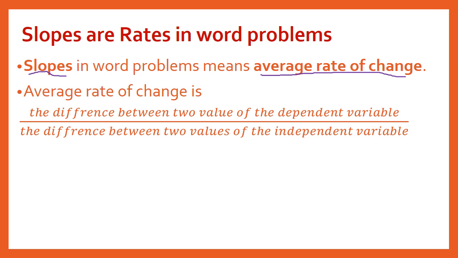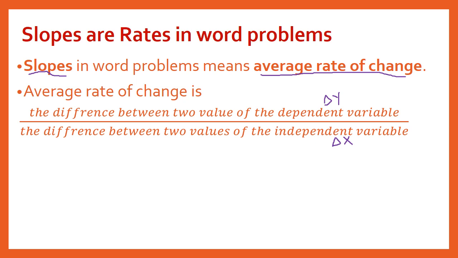And since the slope and the average rate of change are the same, when I say the difference between 2 values of the dependent variable, that means the difference in the y, divided by the difference between 2 values of the independent variable, which means the difference in the x. So the independent variable is x, the dependent variable is y.